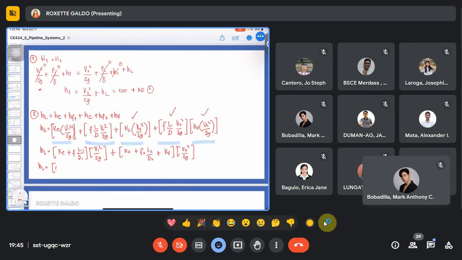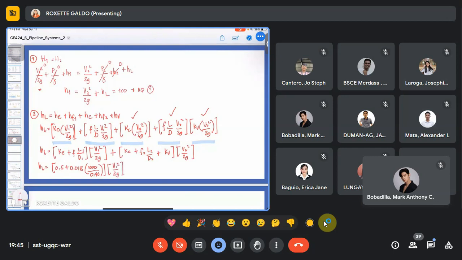KE is 0.5 plus F is 0.018, L is 1,000, diameter is 0.4, times V1 squared over 2G.